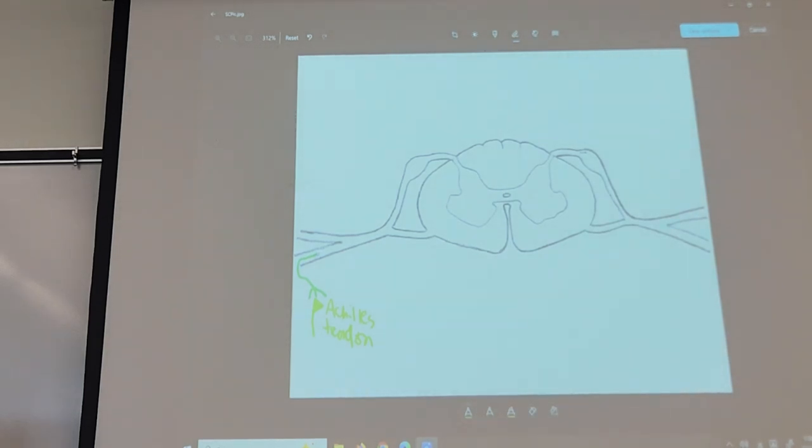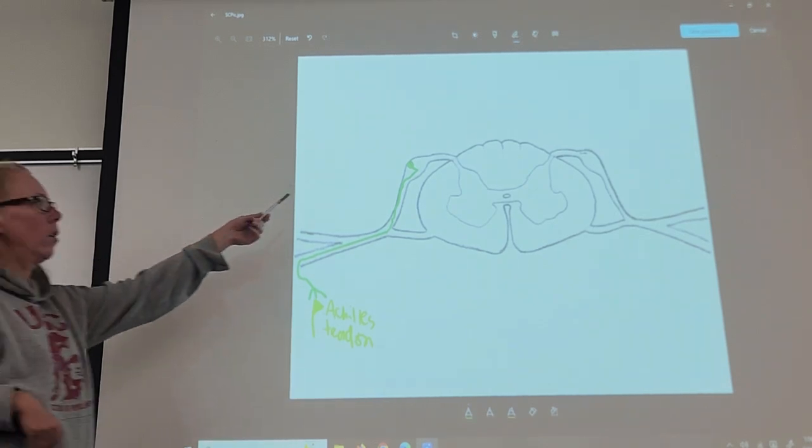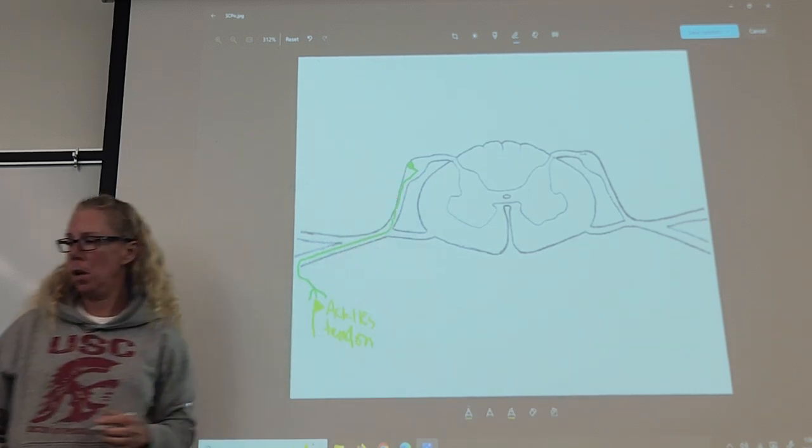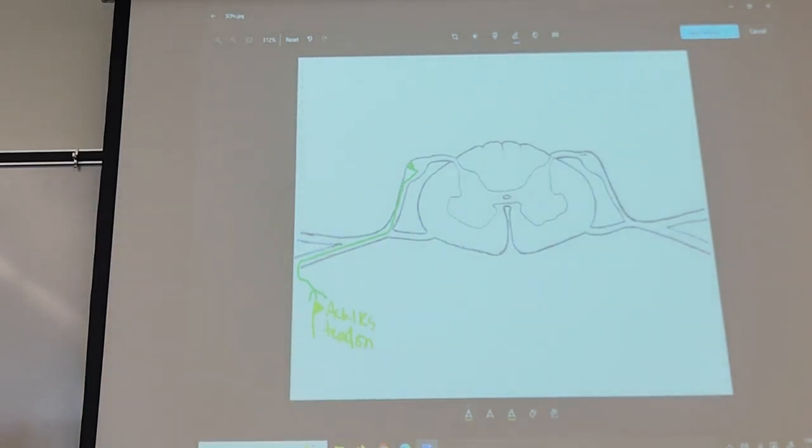And that peripheral process continues and it enters what structure? The spinal nerve. And then it enters what structure? The dorsal root. And then we stop and we draw a cell body coming off of a process in the enlargement that we called the what? The dorsal root ganglion, right? So structurally, we're drawing a unipolar sensory neuron. Okay?